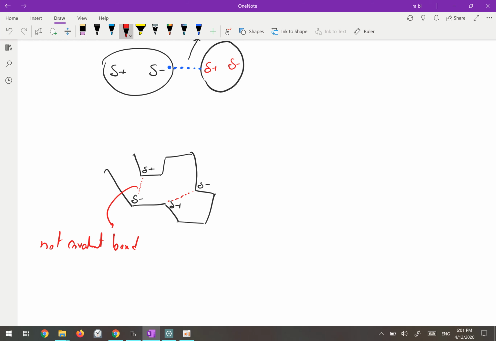It's only an attraction available between these parts of the molecule, and these attractions are usually weak. This type of attraction you can see in big molecules like proteins, in DNA, in sugar molecules, or in polymers, which are long molecules.